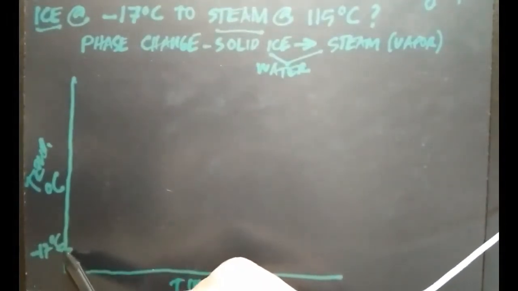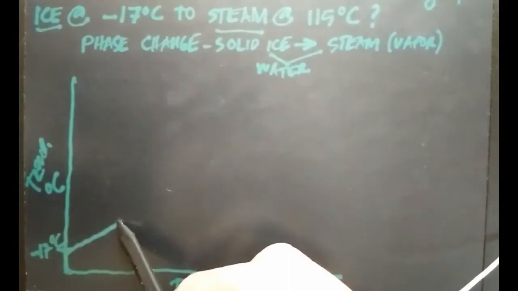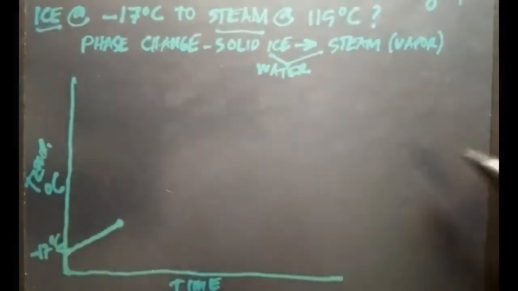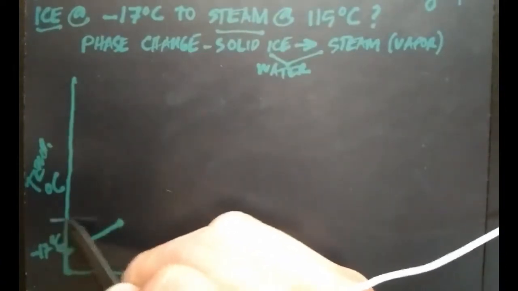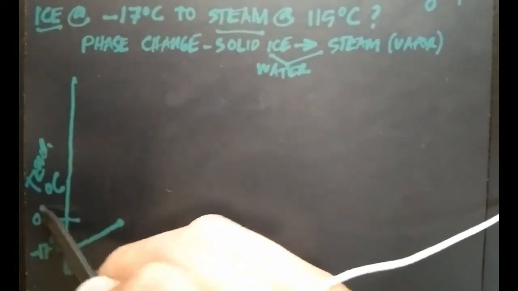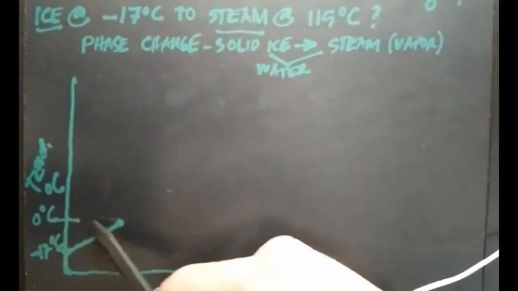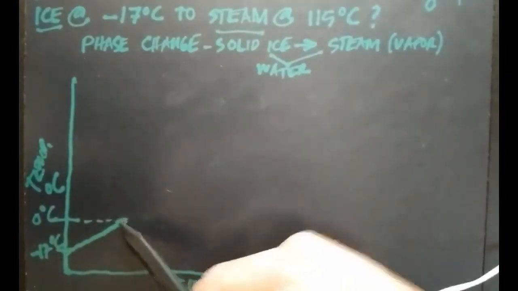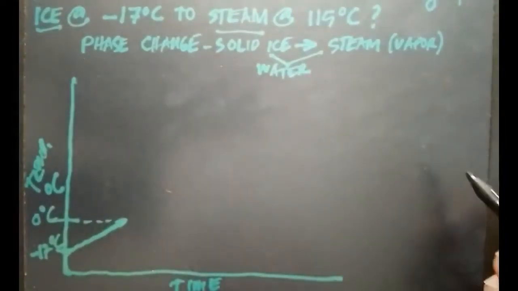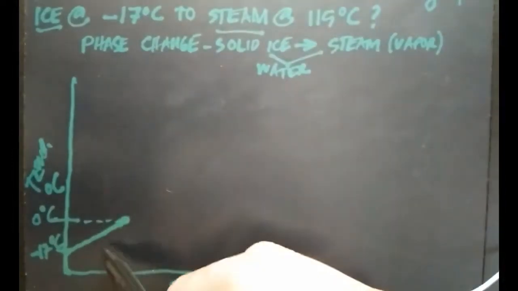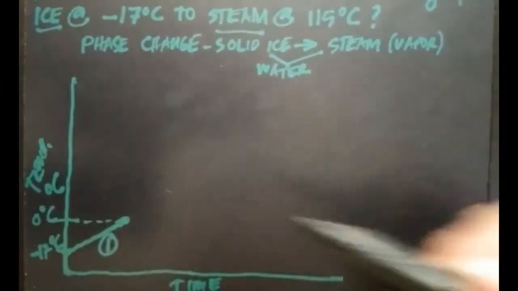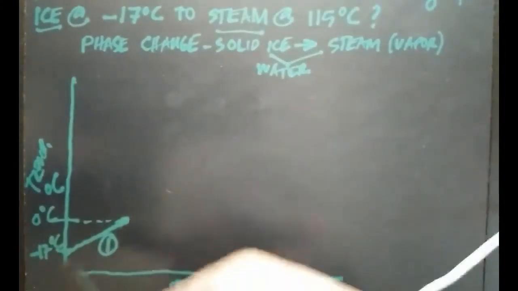We're going to add heat in order to bring this solid ice to 0 degrees Celsius. So we're going to introduce heat in order to change the solid ice from negative 17 degrees Celsius to 0 degrees Celsius, and we will call this phase 1.